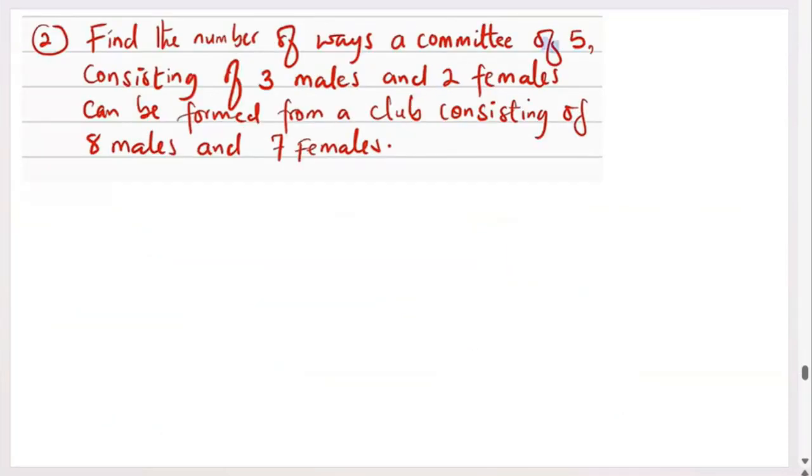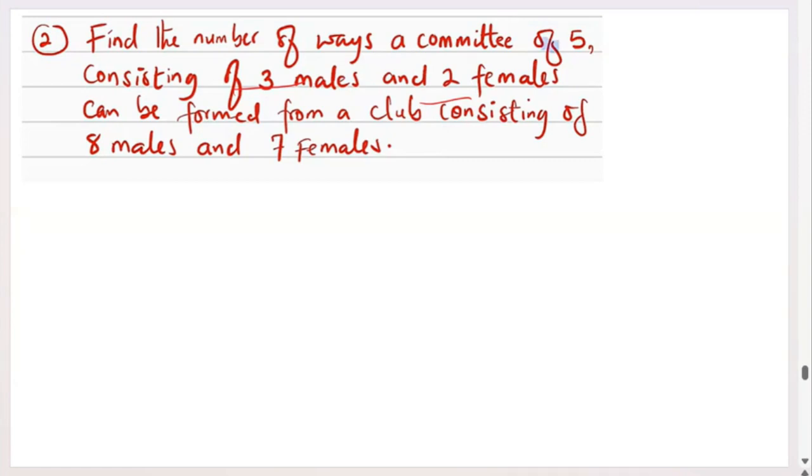Okay, here's another one. This one is asking for the number of ways a committee of 5 consisting of 3 males and 2 females can be formed from a club consisting of 8 males and 7 females. You can already see there's a committee of 5, and you are giving more information: there are 3 males and 2 females, so there are 2 variables, totaling 5.